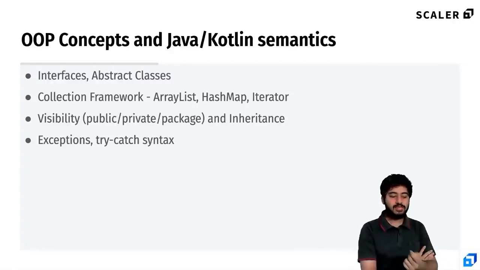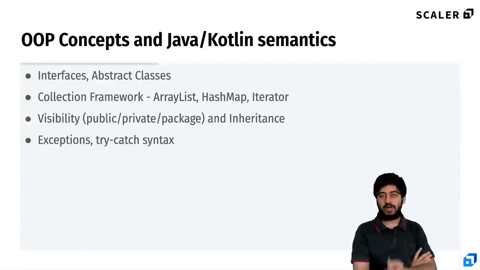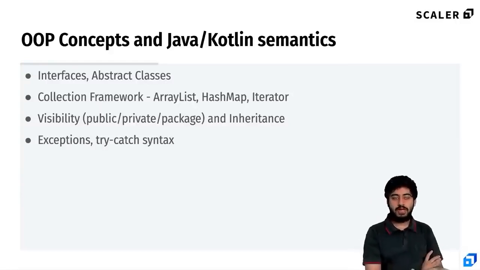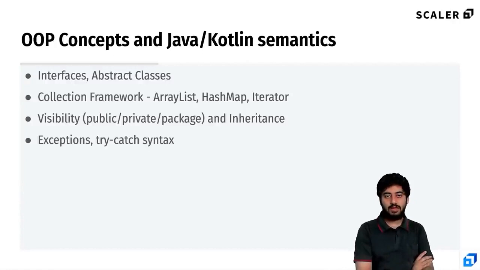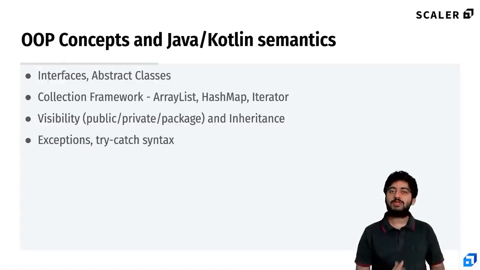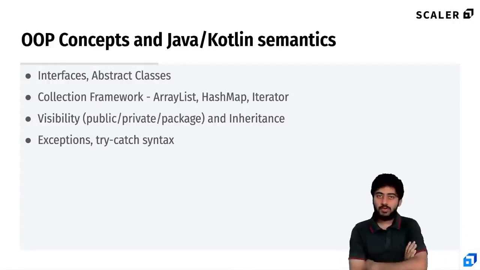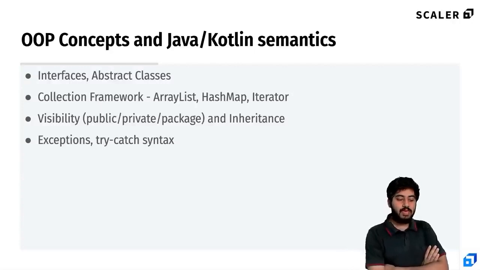Especially if you're coming from a different language, you need to understand how interfaces, abstract classes, and the basic object-oriented nature of Java work. Then comes dealing with the basic data structures that exist inside Java: array lists, hash maps, how the iterator works. It's called the Java collection framework as a group. Understanding that is also very important when you start off with Android development.